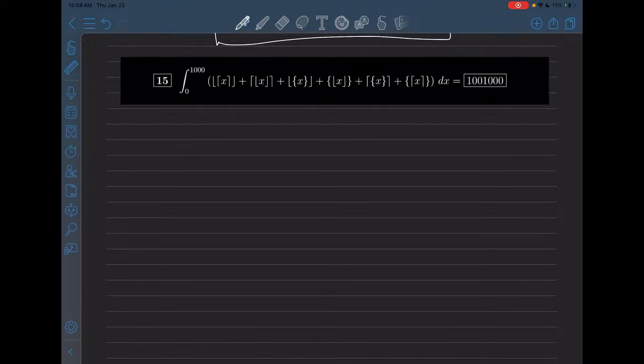This looks like a terrible problem to me. I think we should do all of these integrals separately, one by one.